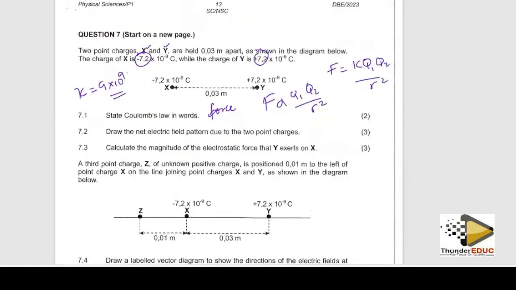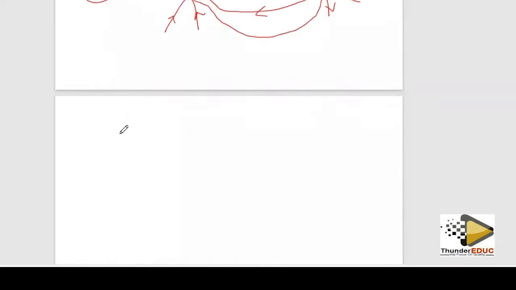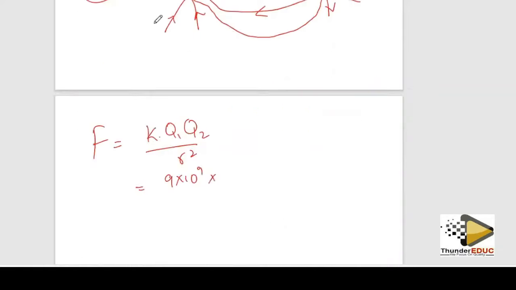That is 7.2. Then 7.3, they want us to get the electrostatic force that Y exerts on X. Remember, this force has to be the same as the one that X exerts on Y. It's just the directions that will be opposite. So we know that the electrostatic force is k times Q1Q2 over r squared. So we say that is 9 times 10 to the 9, times the first charge, 7.2 times 10 to the -9. Don't need to really stress about the sign.